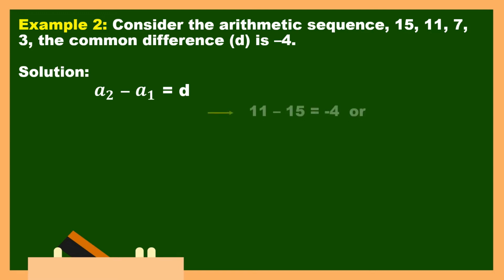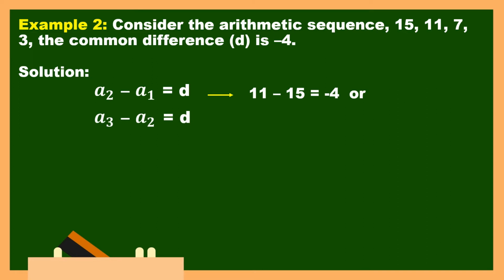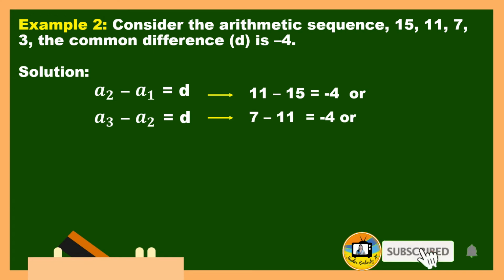So 11 minus 15 equals negative 4. And subtract the second term mula naman sa third term. Ang ating third term ay 7 at ang ating second term ay 11. So 7 minus 11 equals negative 4.